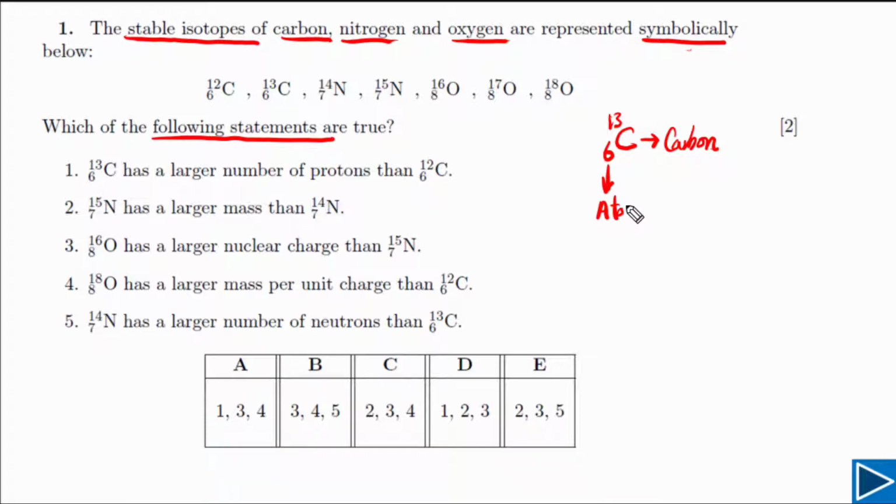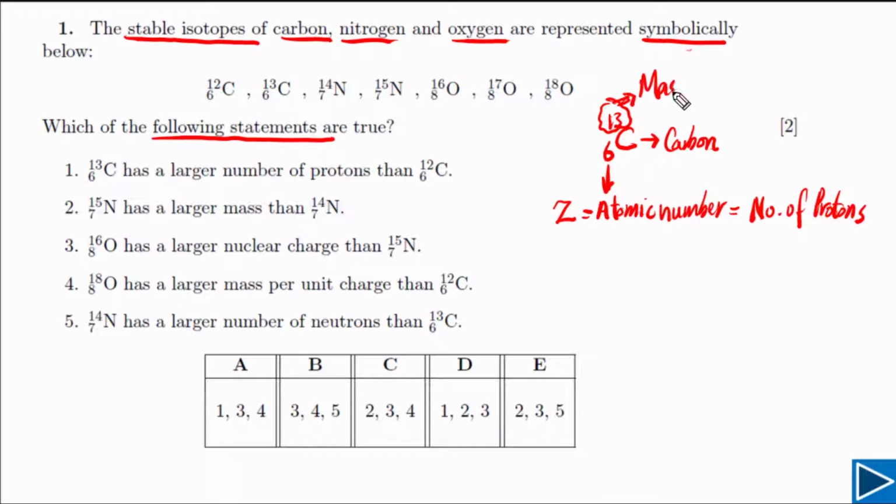Atomic number is equal to the number of protons in the nucleus, and the symbol we use for atomic number is Z. And this number is called the mass number.